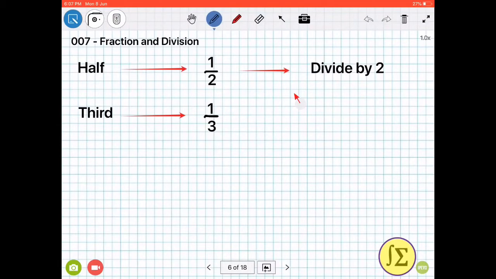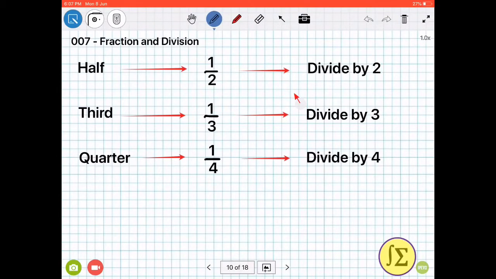So 1 over 3 of a number is you take that number and divide it by 3. For a quarter, it's 1 over 4, so you divide that number by 4. And for an eighth, it's 1 over 8. So 1 over 8 of a number is you take that number and divide it by 8.